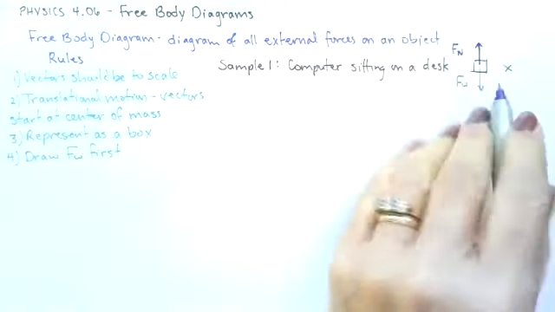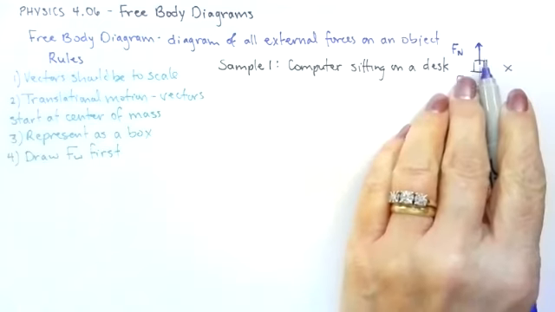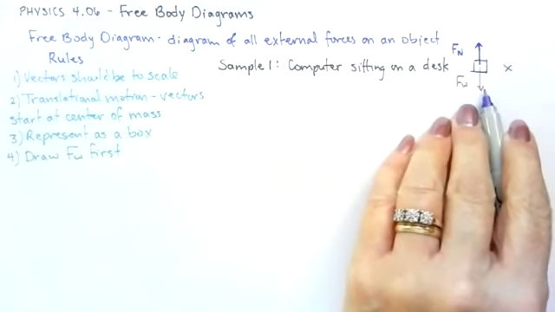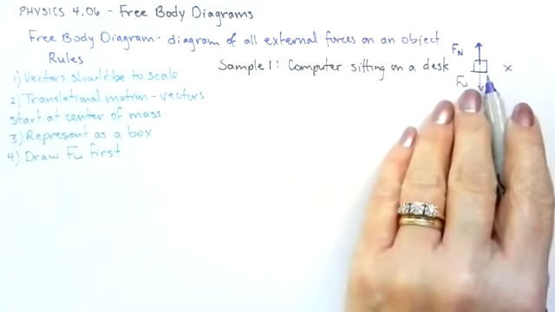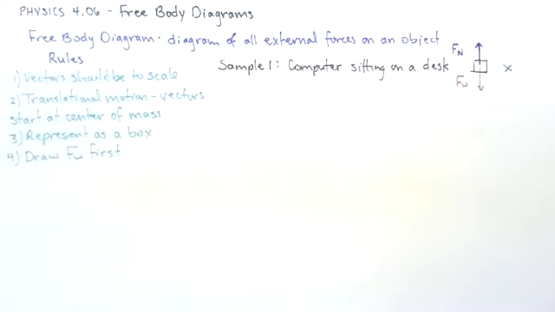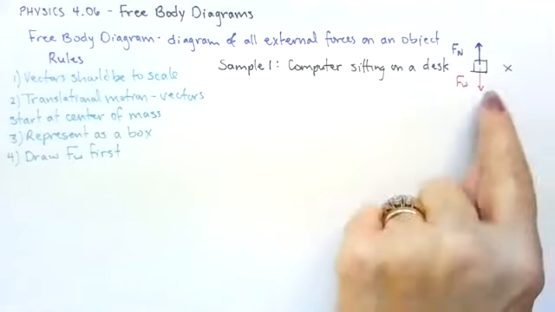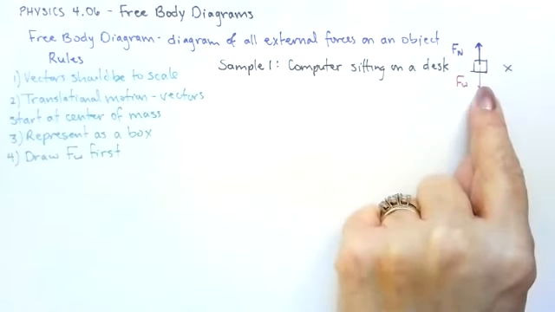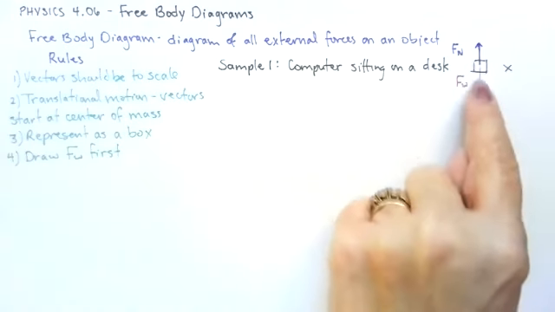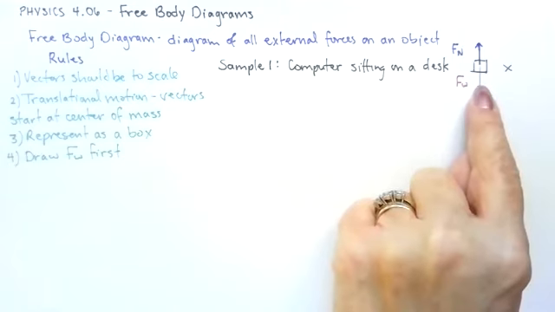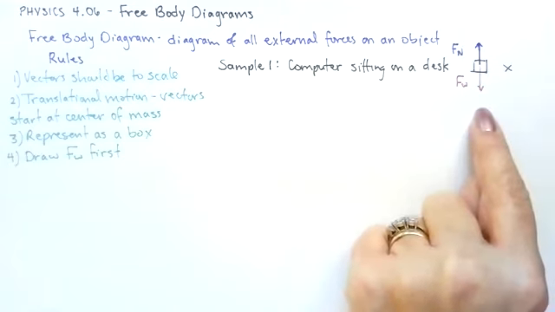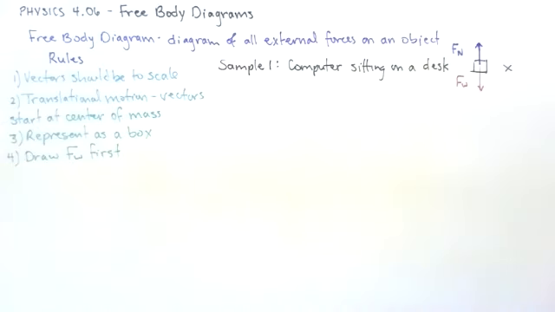And this is the normal force, the table, the desk pushing up on the computer at a 90-degree angle. So I have gravity pulling down on the computer, and I have normal force pushing up. But notice these had to be equal and opposite. If I'd made that shorter, that would have implied that the force of gravity was stronger and the computer had broken through and was going to drop to the floor.